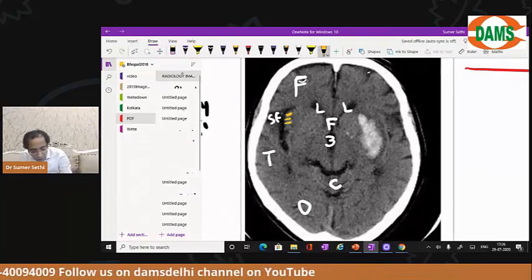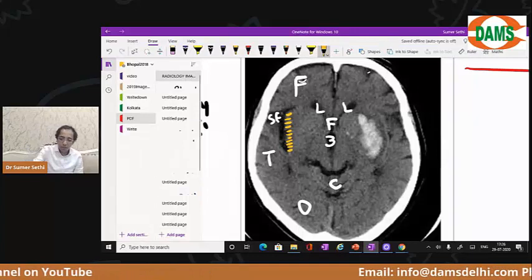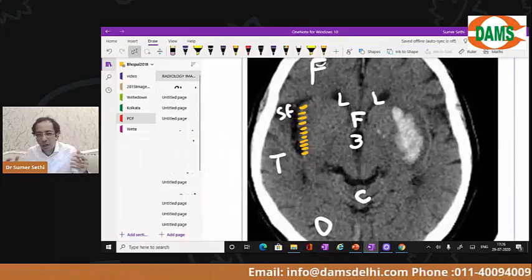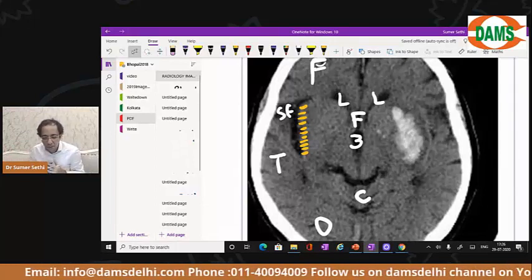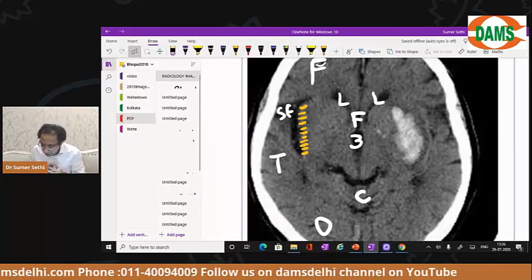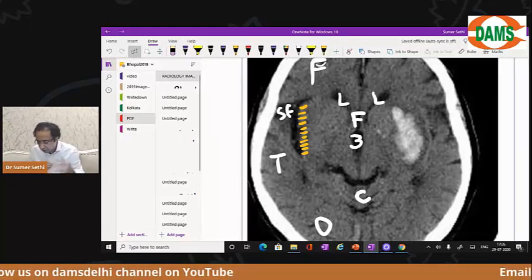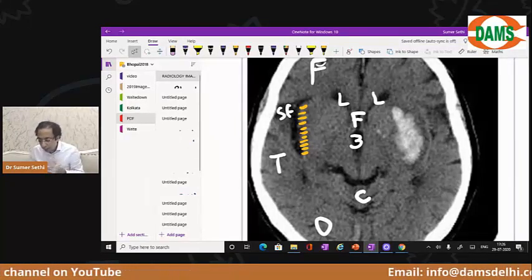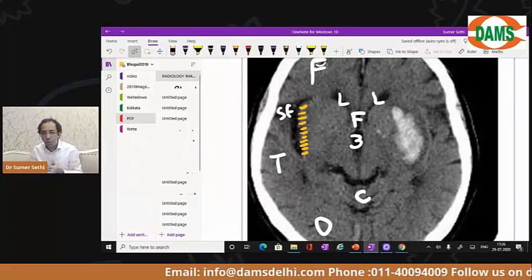Can anyone of you tell me what part of your cerebral cortex is hidden below the sylvian fissure? The foramen of Monro is posterior to fornix, yes, it is posterior to fornix. What gray matter is located deep to the sylvian fissure?